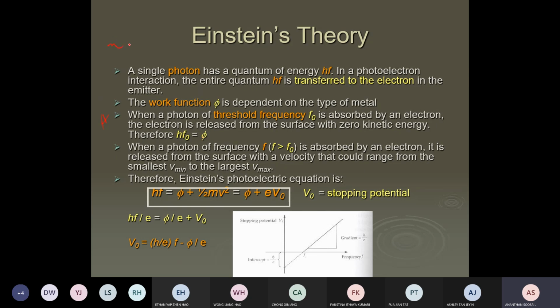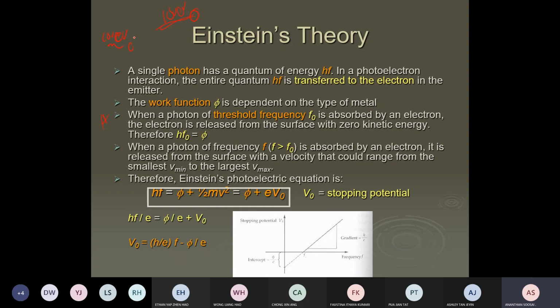If the bonding of the electron is 100 eV, and the photon energy is also 100 eV, what will happen to the electron? Yes, the electron will be released, right?